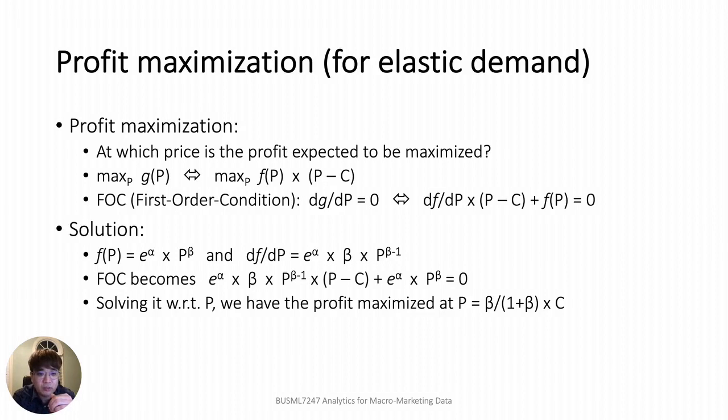Solving the equation with respect to p by rearranging the terms, we have the price point where the profit is expected to be maximized. That is, when price is beta over 1 plus beta times c, the profit is expected to be maximized.